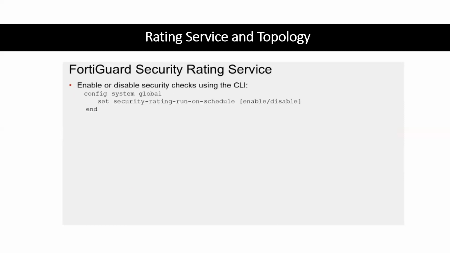And of course, like I told you guys, there are some things that you can do in the GUI, some things that you can do in the CLI, and some things you can do in both. Let's say you're getting these scores, you're liking the service, you're liking the demo, but it's not to your liking, and you want to disable security checks and do things manually or on schedule.